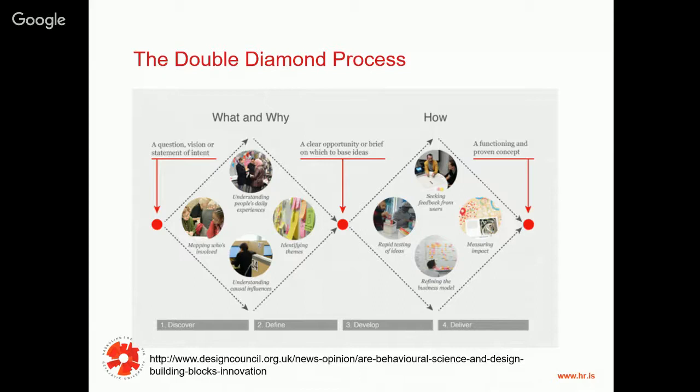And then you have to start trying to understand their daily experiences, their needs, what software would really help them, and understand also consequences and influences, the causal influences, like what affects these people, and identify some themes, and then you have a clear idea. That's the red dot there in the middle.